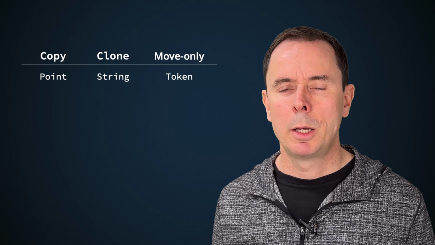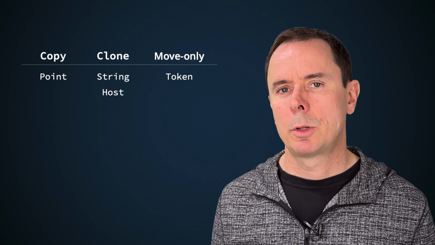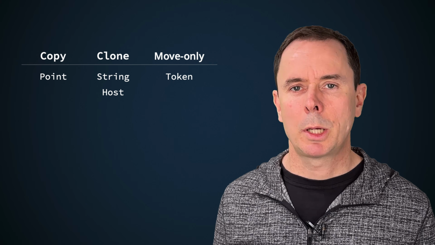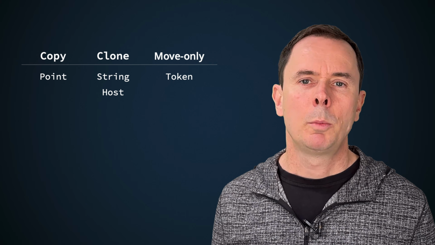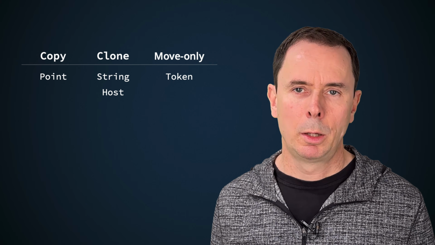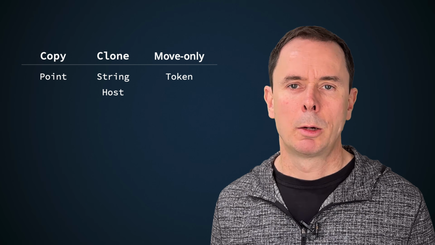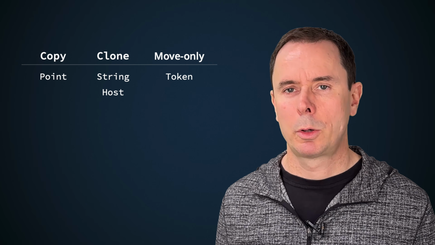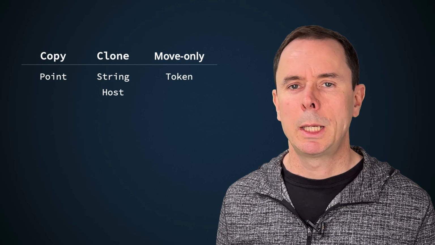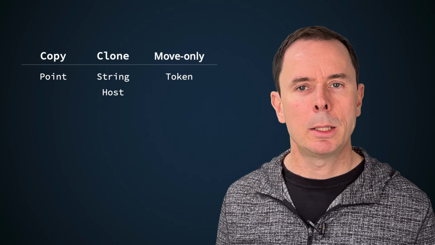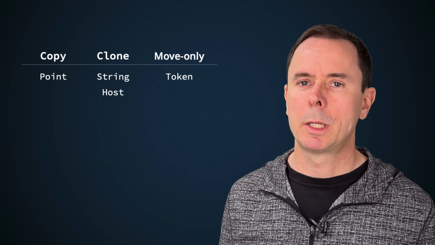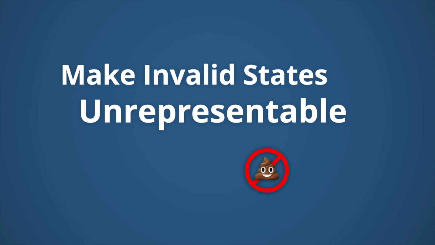The same thing applies to enums. Our Host type might contain a string which can't be implicitly copied, but it can be explicitly cloned. So it's in this middle category. It implements Clone, but not Copy. Later we'll see enums that can be copied and enums that are move-only because they carry resources.